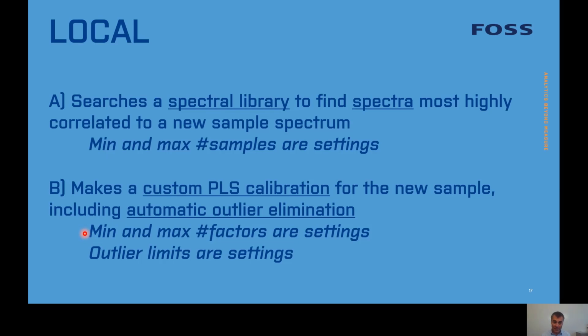It's the number of factors, minimum, maximum, and the outlier limits. So local, here are the settings you can see in FossCalibrator. Minimum, maximum number of samples, minimum, maximum number of factors. And if you want to use the outlier elimination, and we recommend that, so this is the default setting.